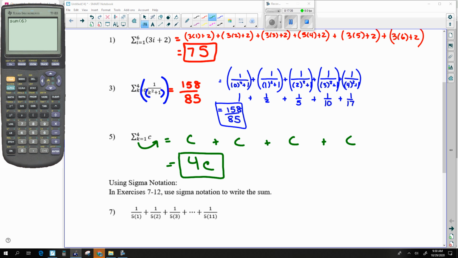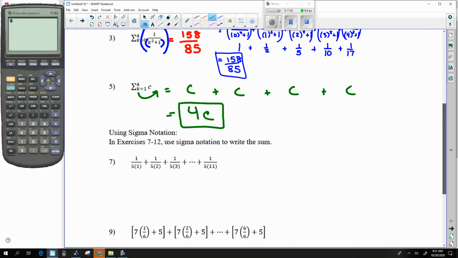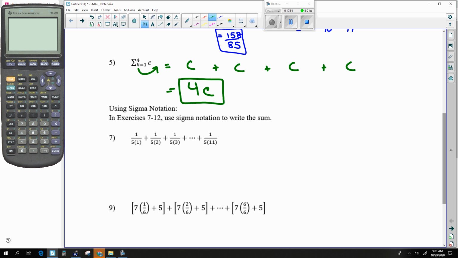Actually, no, it won't. It won't understand this. Never mind. It doesn't know to go 4 times. So you foiled my process. Anyways, this is what it is. So the calculator isn't a perfect tool. You have to kind of know how to outsmart the calculator a little bit.